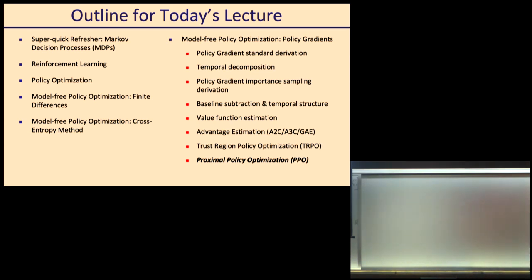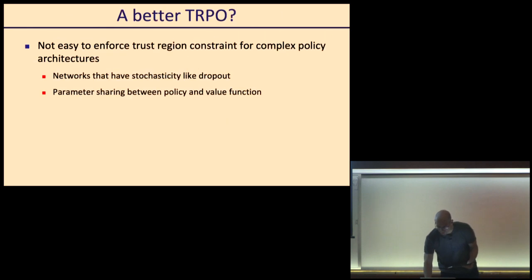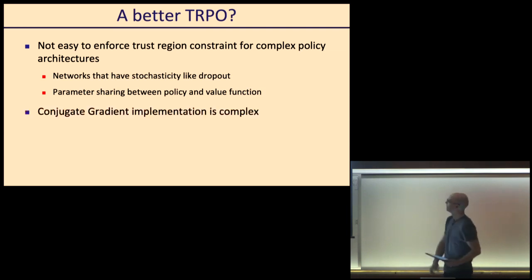Actually, let's first maybe argue why we're not totally happy with TRPO yet. It's not that easy to enforce a trust region constraint for complex policy architectures, especially ones that have stochasticity like dropout, or have parameter sharing between a policy and a value function. So that's an inconvenience. You often want parameter sharing. Conjugate gradient implementation is complex.